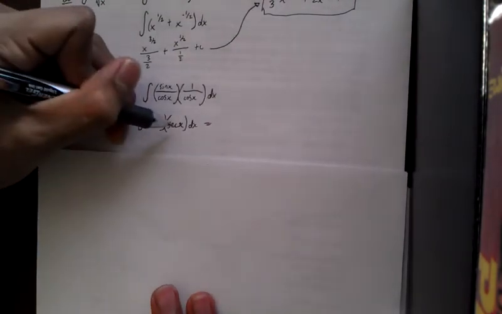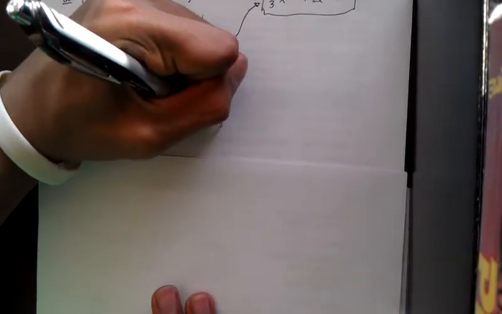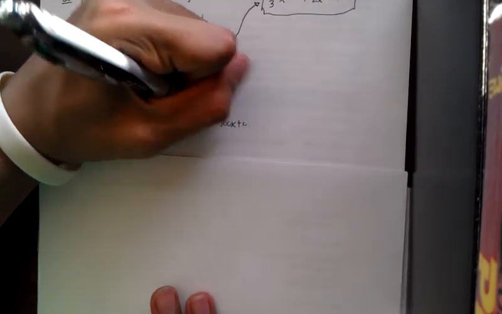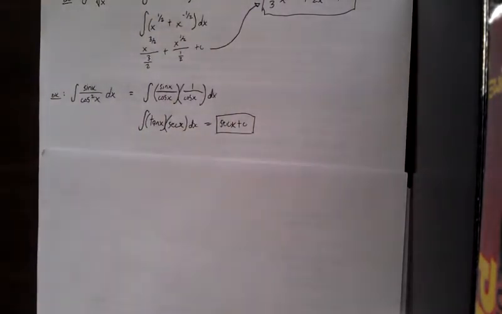Well, we have the tangent x secant x dx, and so the answer is just going to be secant x plus c.